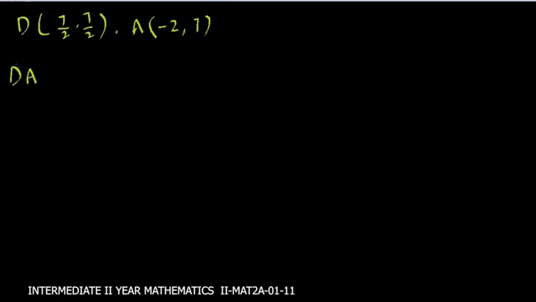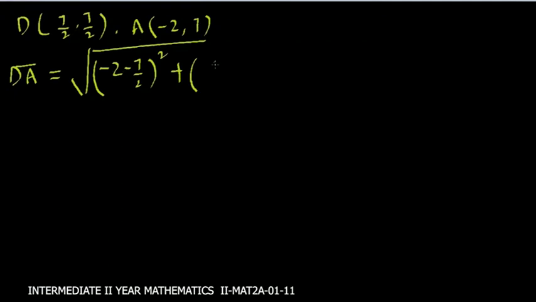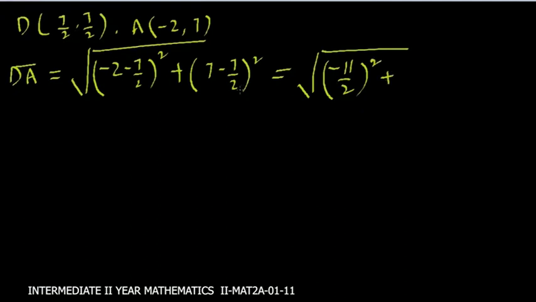Now the distance between D and A is the square root of (-2 minus 7/2) whole square, or 7/2 plus 2, you can take either. x2 minus x1 is -2 minus 7/2, which is -11/2, and y2 minus y1 is 7 minus 7/2, which is 14 minus 7, 7 by 2.